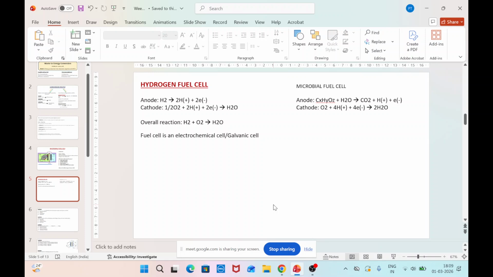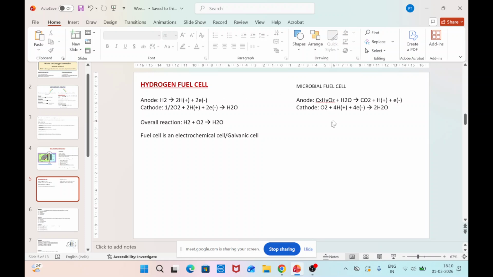That typically depends upon the type of microbes that you use, and in order to make sure that this electron transfer from the waste matter to the electrode is more efficient, we use some sort of mediators. Those mediators help the electron to move from this organic waste to the anode electrode.